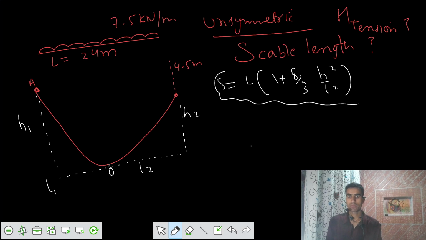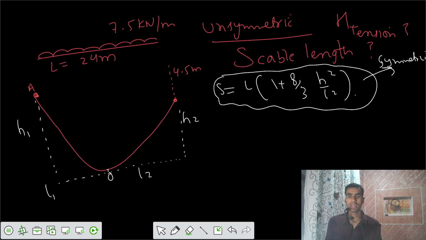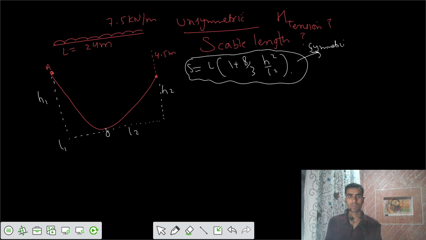Where did we derive this one? We derived it when the cable was symmetric. This was for the symmetric case. Now, how can you get the length for this one?